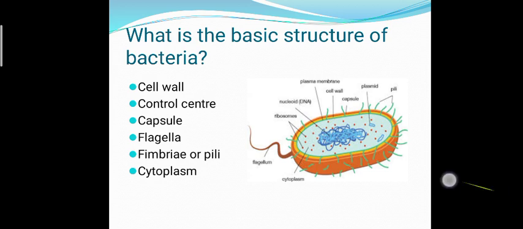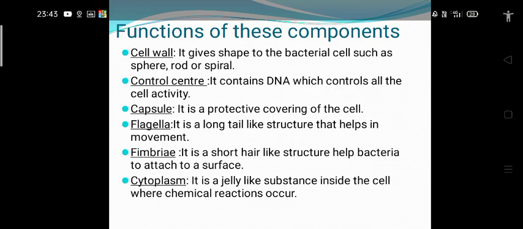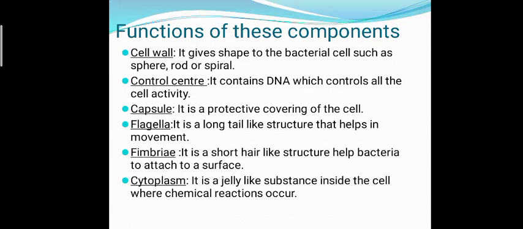The functions of these components are: cell wall. It gives shape to the bacterial cell such as sphere, rod or spiral. Control center contains DNA which controls all the cell activity. Capsule is a protective covering of the cell.